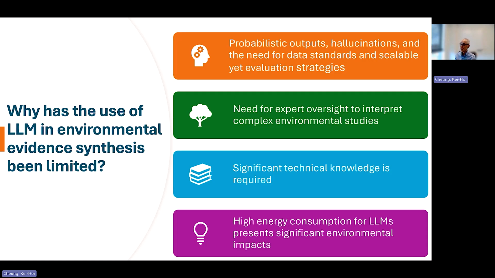Therefore, we need to use metadata or data standards to help guide the LLM to extract the most relevant and correct information from literature in this case. Also, we need a scalable approach to use LLM on a large amount of text data, and we need to carefully evaluate the LLM output.